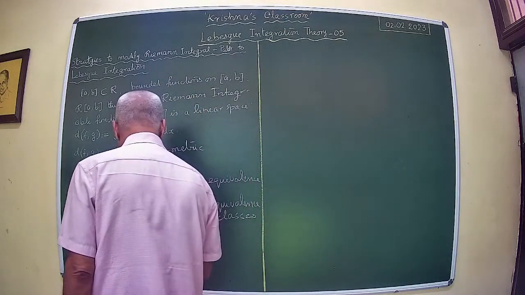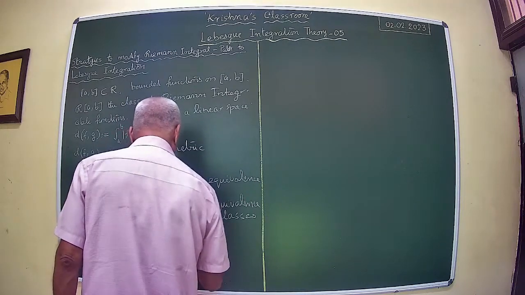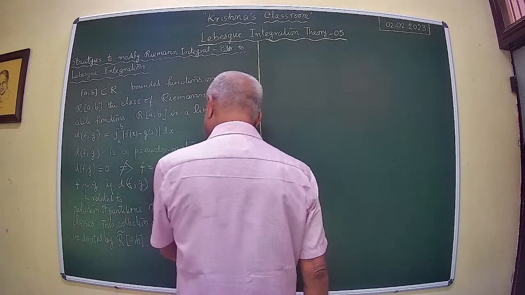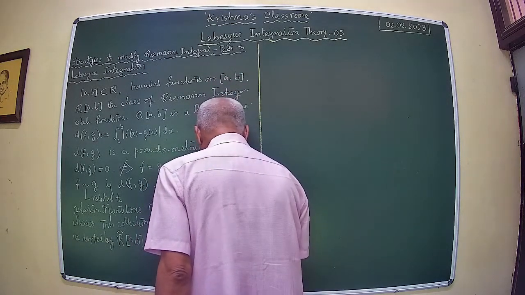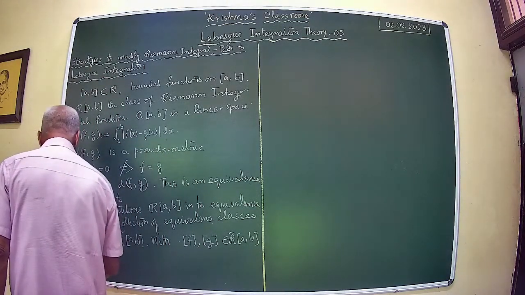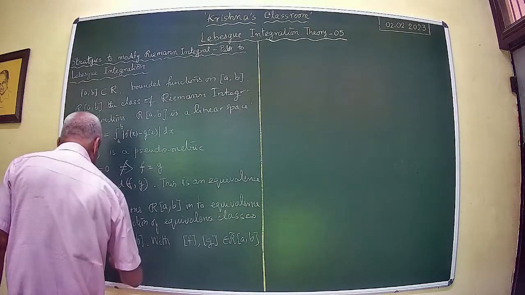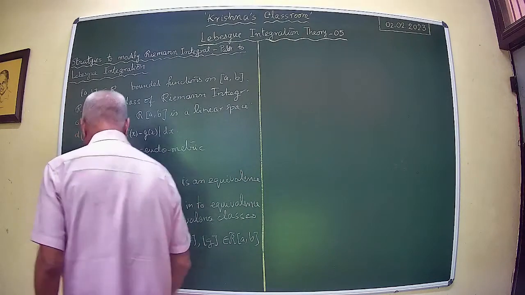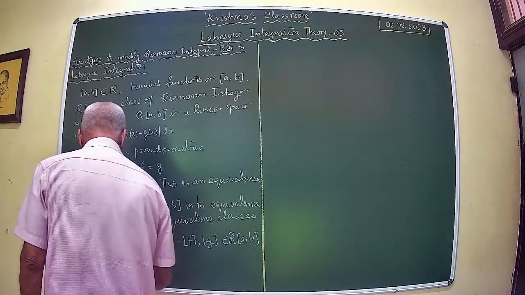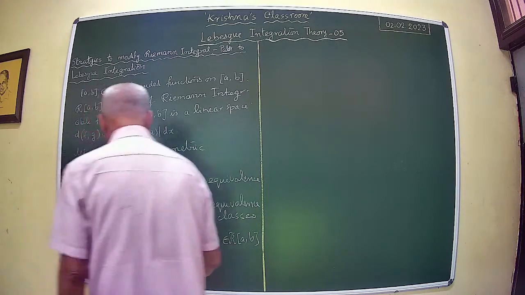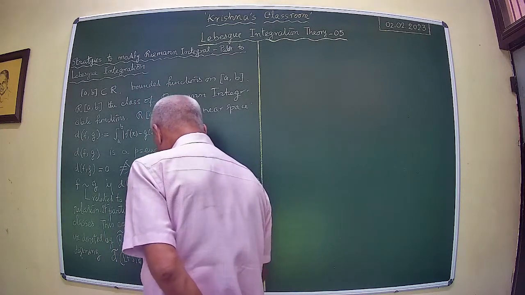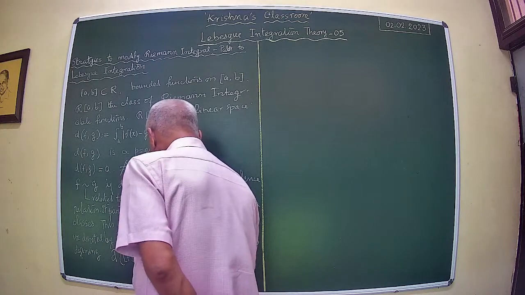And with that, the class to which f belongs and the class to which g belongs, defining d tilde, I simply write d(f, g).